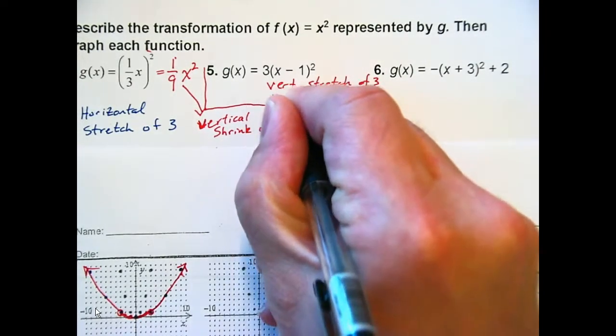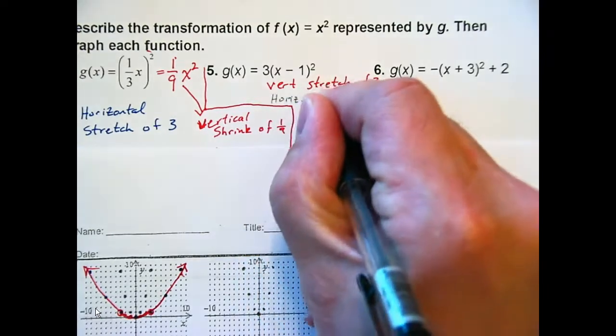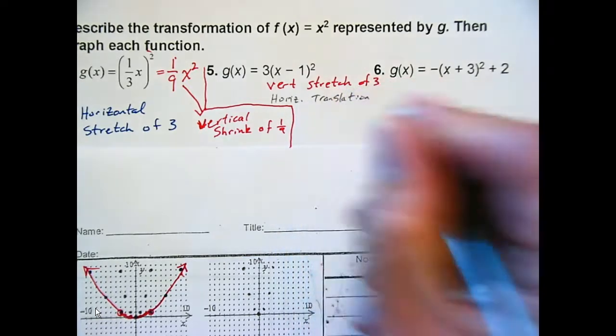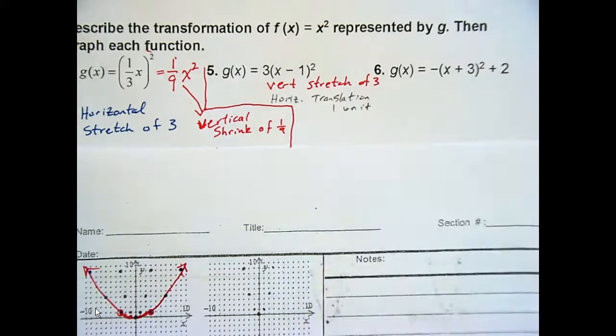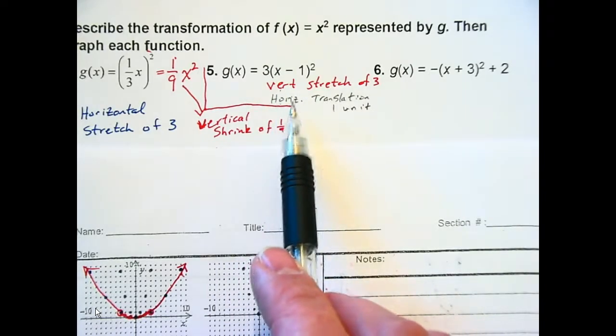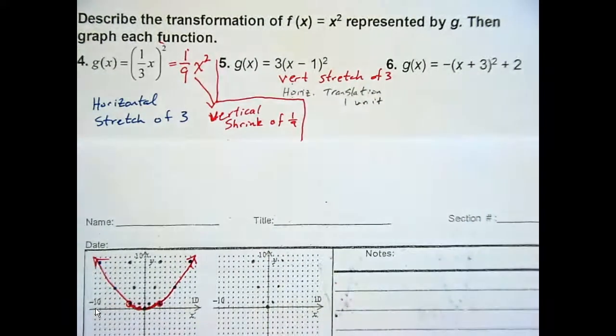Good. Horizontal translation or slide to the right 1 unit. Do they depend on each other? One's going vertically, the other one's going horizontally. Do they depend on each other? No, they can act independently from each other.